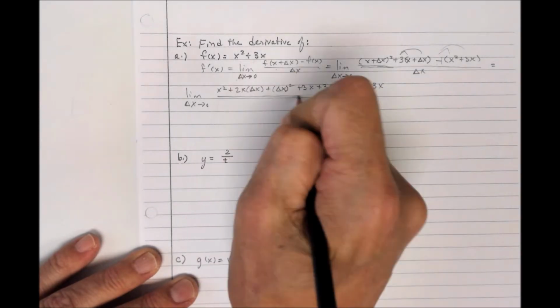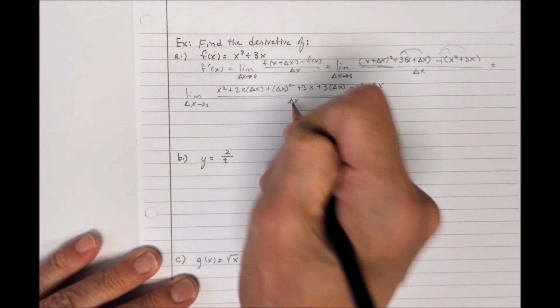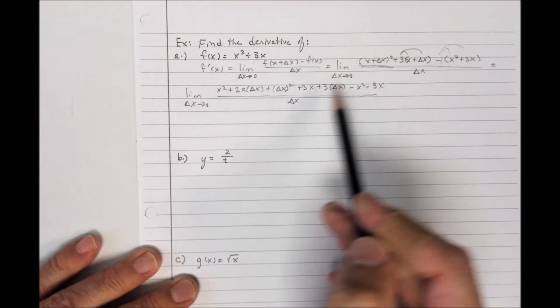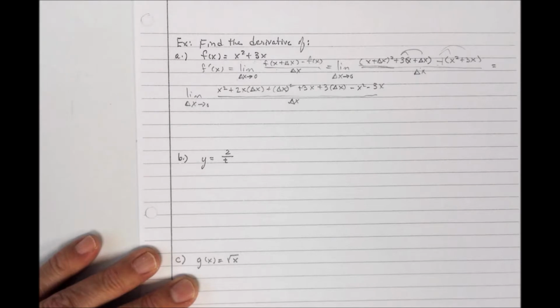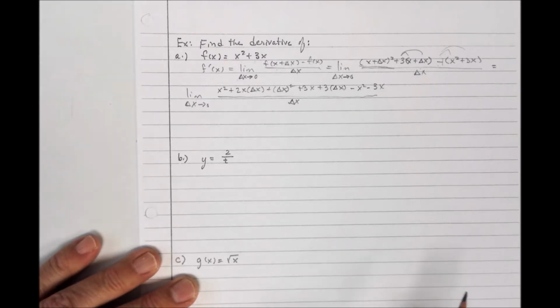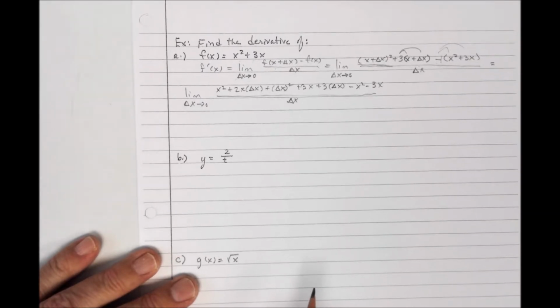Now if you just try using direct substitution, no matter which step, here, here, or here, you're going to get 0 over 0, which is indeterminate. So it's not going to be much help. We need to somehow simplify this and get rid of that factor of delta x that's giving us 0 on the top and the bottom.